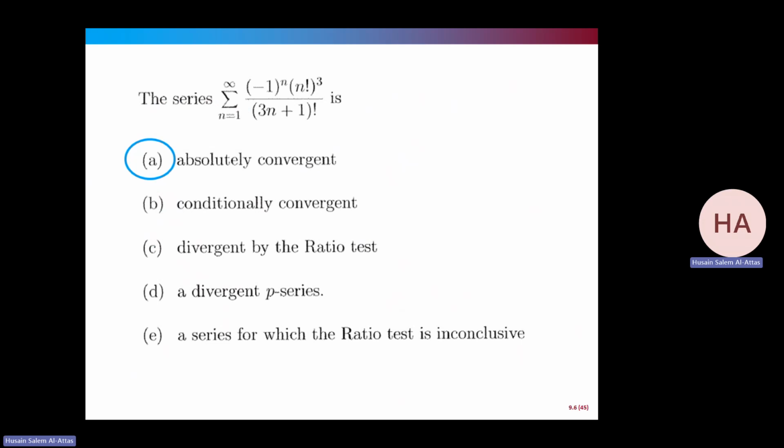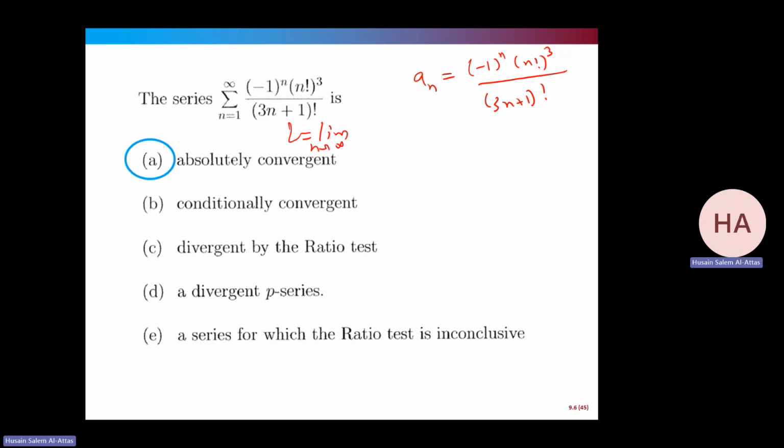Let me check this one. What is a_n? It is minus 1 to the power n, n factorial cubed over 3n plus 1 factorial. So I need to check L, which is the limit.